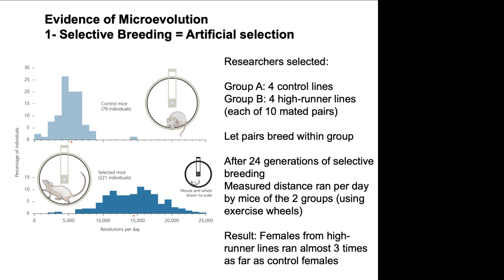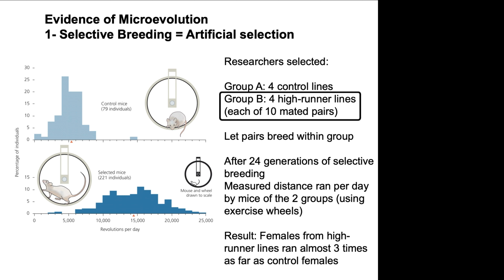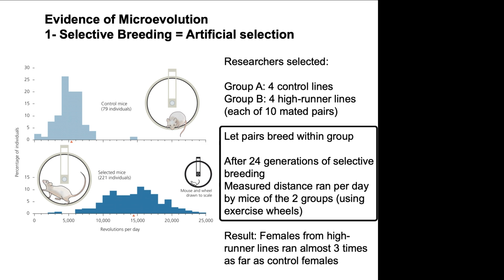Researchers chose two different female lines of mice. One group ran very little in the wheel during the day, and the others ran a lot more frequently per day. So then they allowed 24 generations of selective breeding.